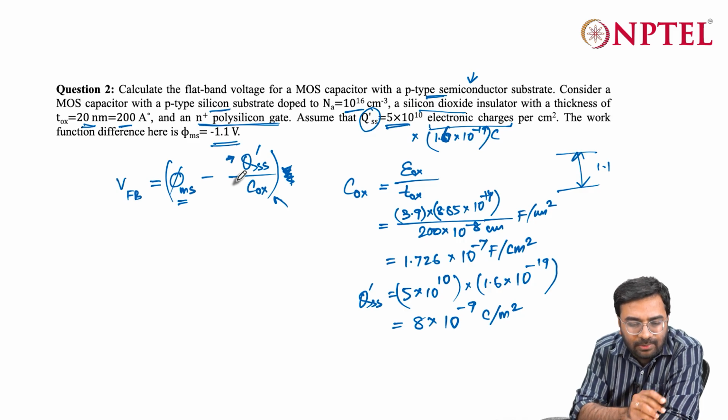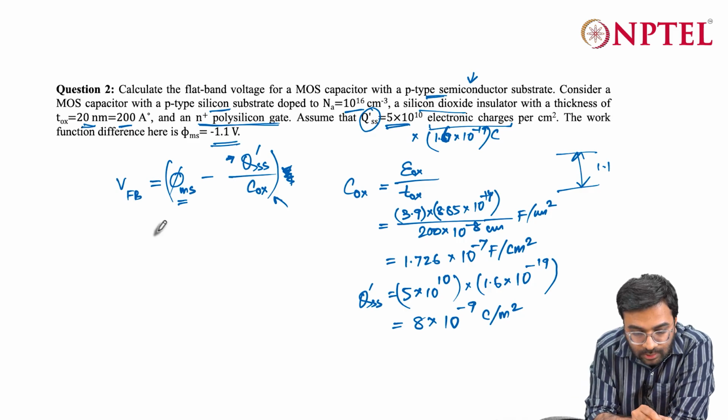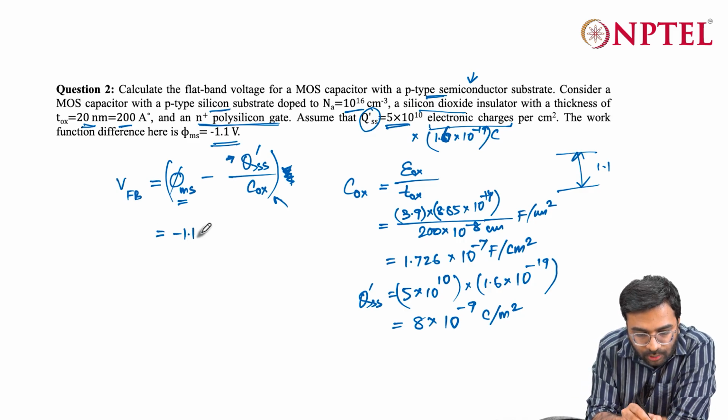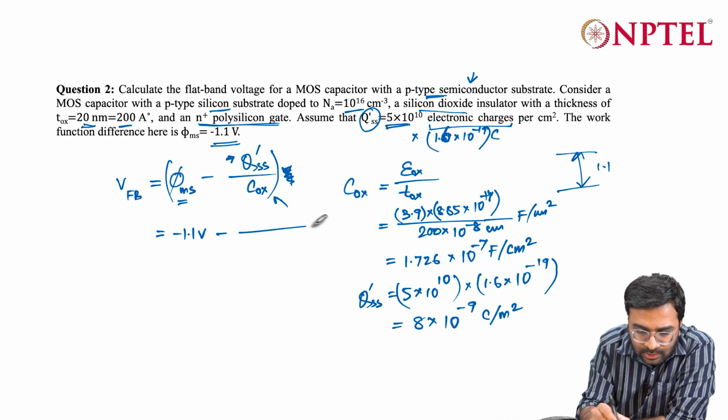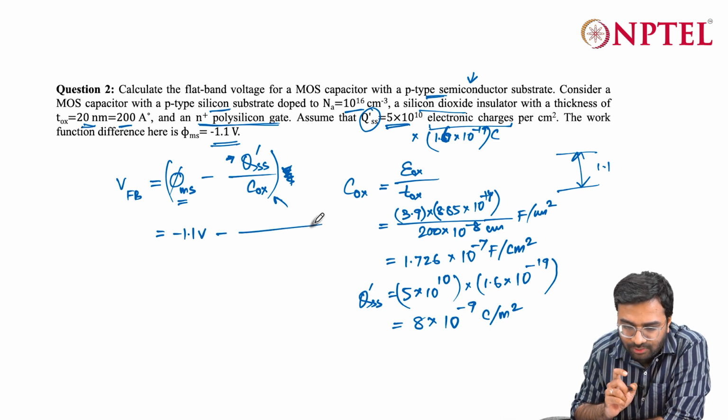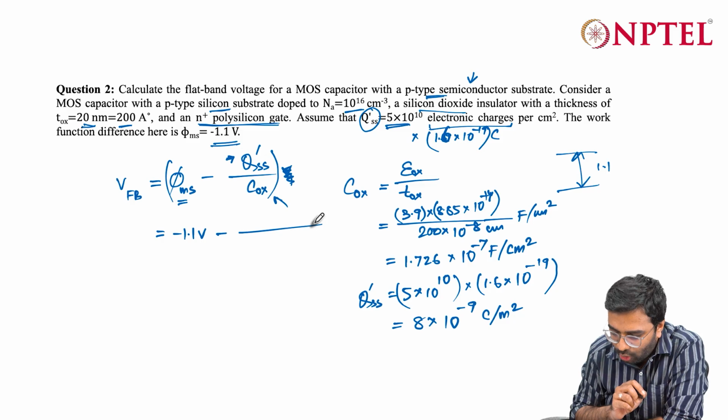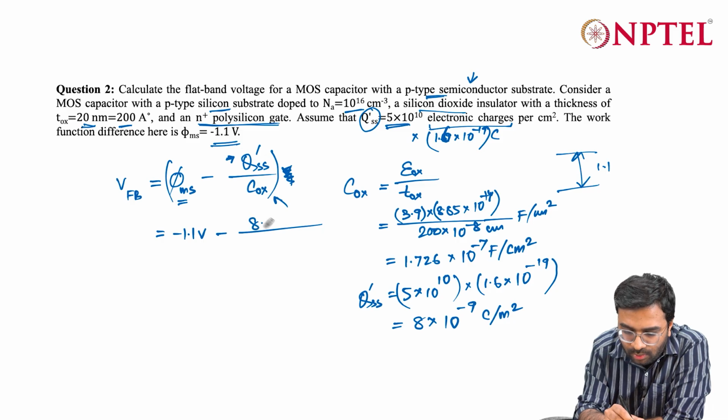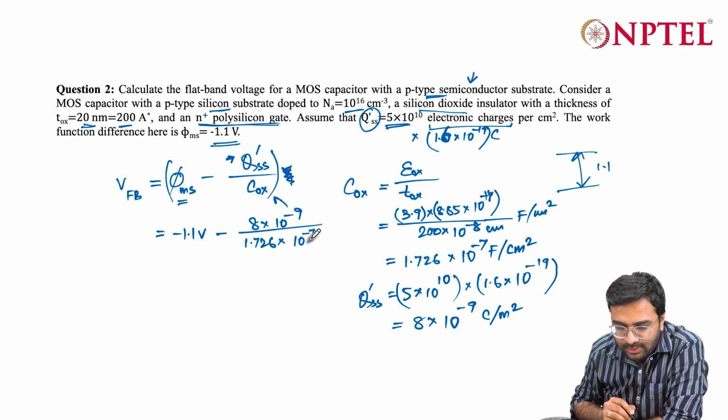So, in this case phi_ms is minus 1.1 volt, minus your Q_SS dash, which is the equivalent oxide charge density, 8 into 10 to the power minus 9, and then C_ox is 1.726 into 10 to the power minus 7.